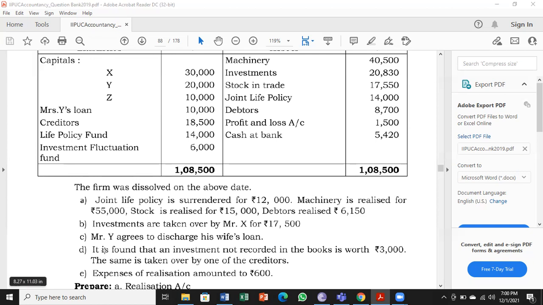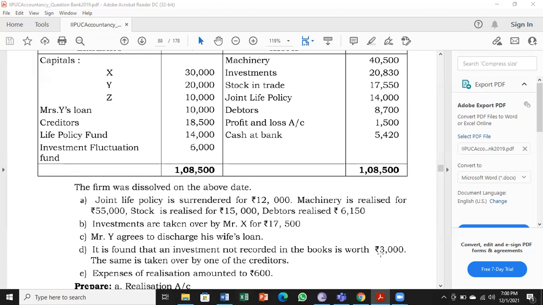Then D information, it is found that an investment not recorded in the books is worth rupees 3,000. The same is taken over by one of the creditors. This is very important for you to understand. It's a new adjustment.